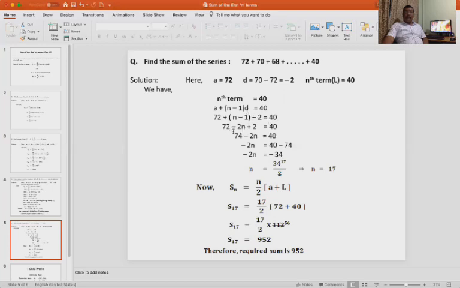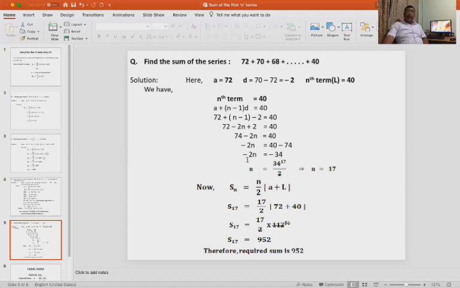Now 72, again we multiply inside: minus into plus is minus, 2 into n is minus 2n, plus, again minus into minus is plus, 2 into 1 is 2, so we have plus 2, equal to 40. Now 72 and 2, if we add together, we have 74, minus 2n will be equal to 40. Now this 74, we bring it to the right hand side, we have minus 74. So we have minus 2n equal to 40 minus 74, which is minus 34.